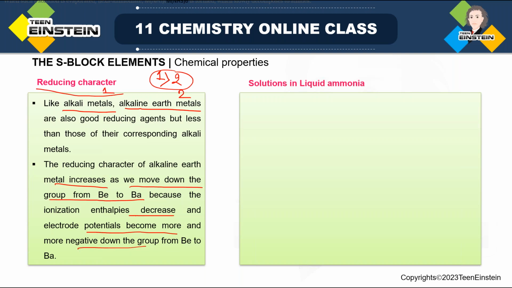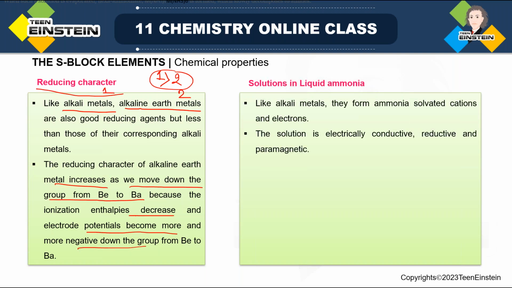Next is how they behave in liquid ammonia. We have seen how the group 1 elements, that is alkali metals, behave in liquid ammonia. Now here also you can expect the same kind of behavior. So like alkali metals, they also form ammonia solvated cations and electrons.